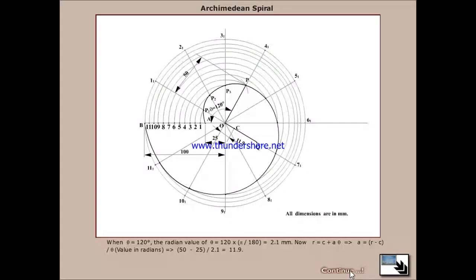Now R is equal to C plus A theta, which implies A is equal to (R minus C) by theta, where theta is the value in radians. By substituting R, we get (50 minus 25) by 2.1, which is equal to 11.9.